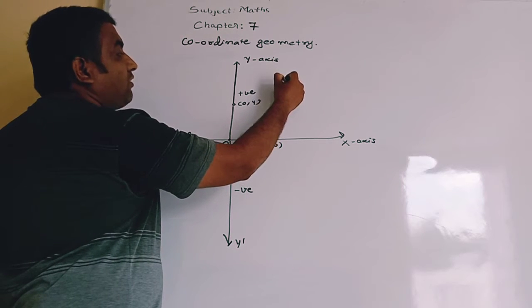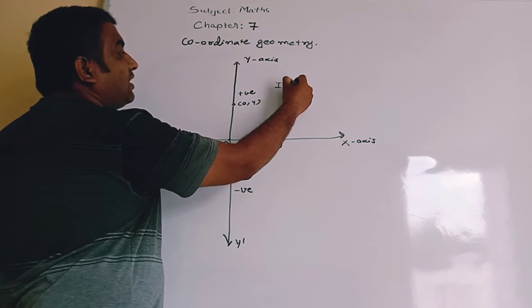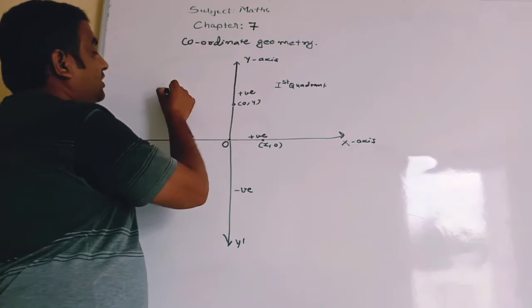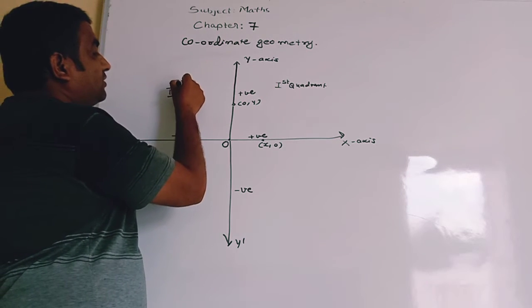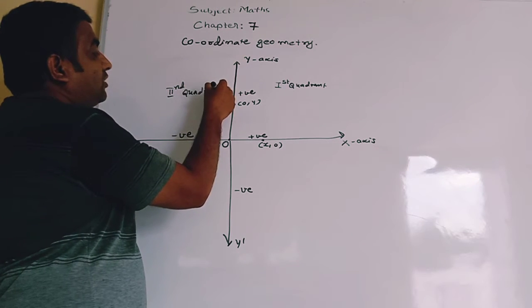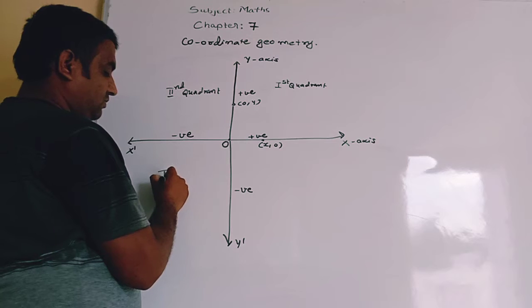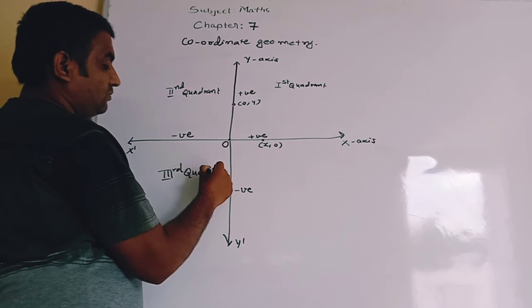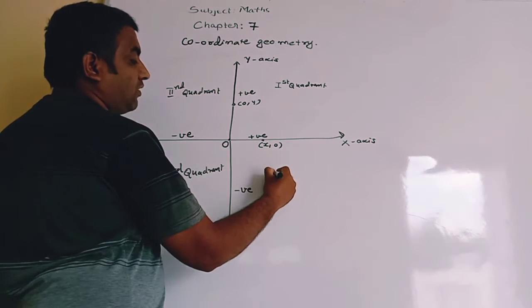In anti-clockwise direction it is the first quadrant, second quadrant, third quadrant, and fourth quadrant.